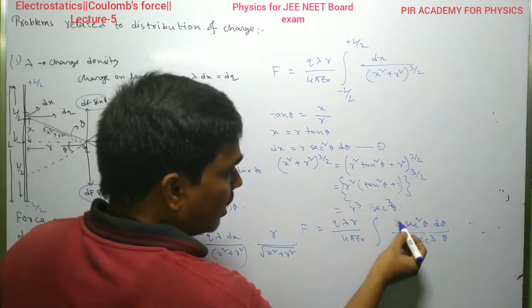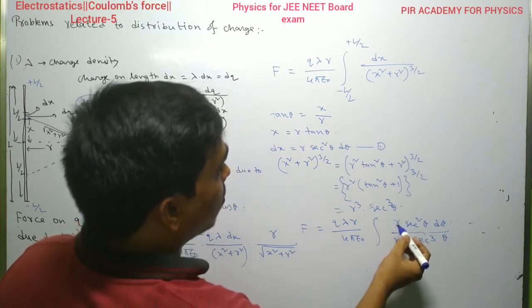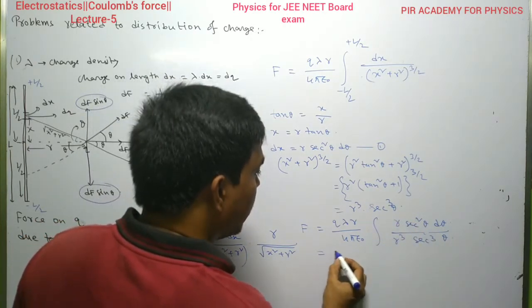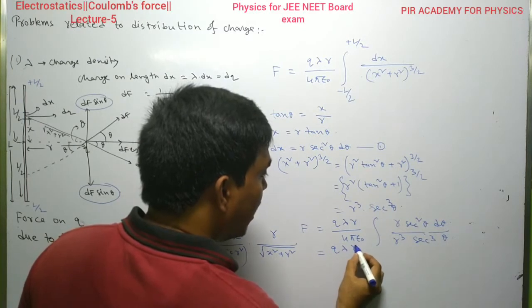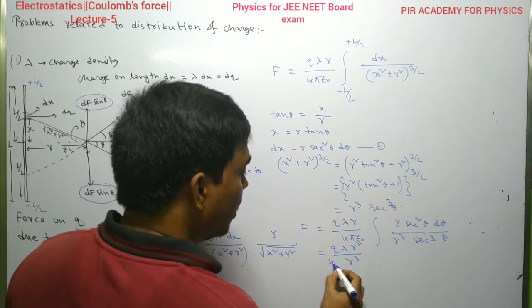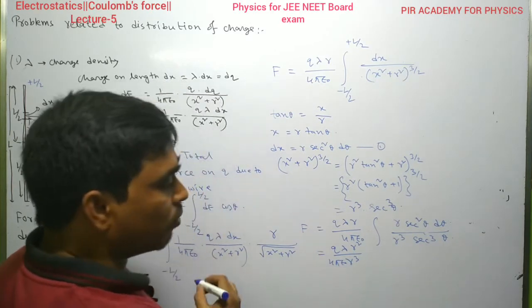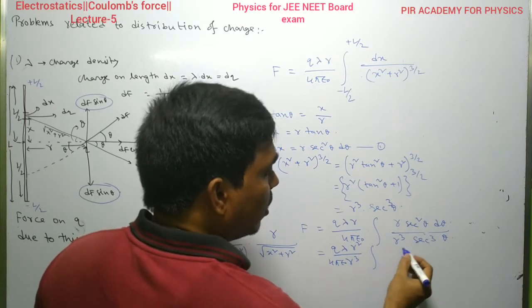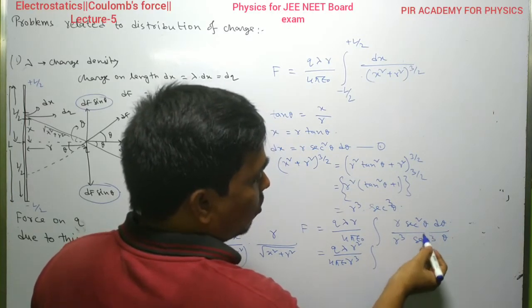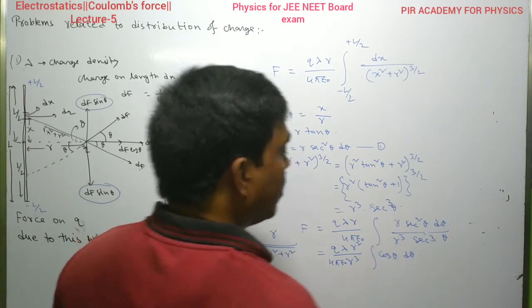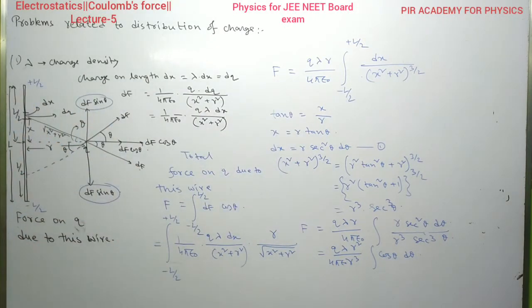So this r, here is r square, this is r, so it will be q lambda r square, here will be r cube 4 pi epsilon naught, and this will be the integration of 1 by sec theta, that means cos theta d theta.